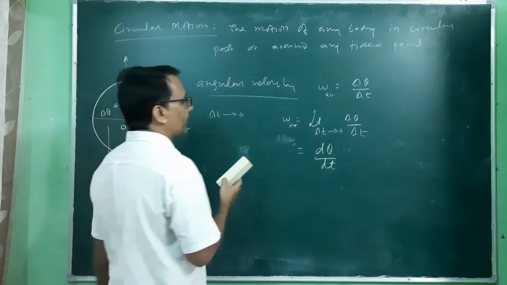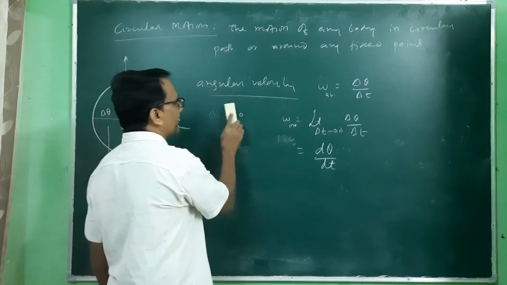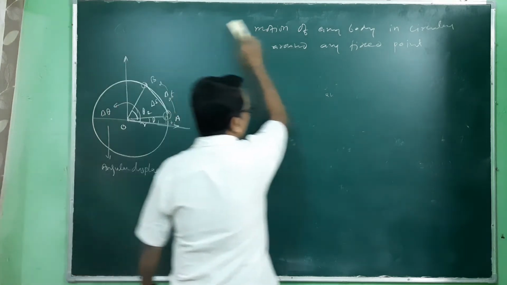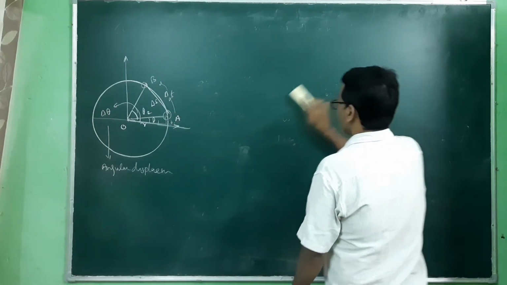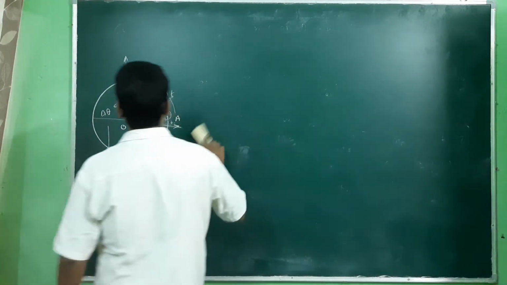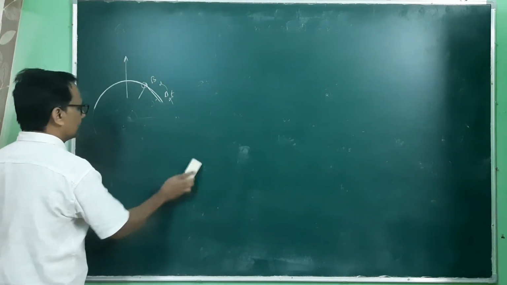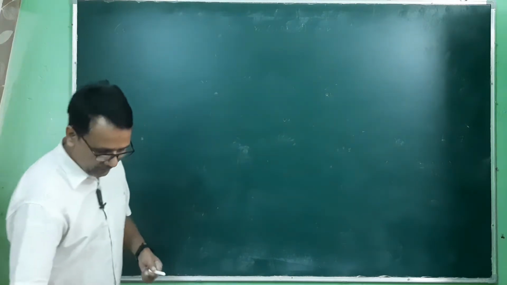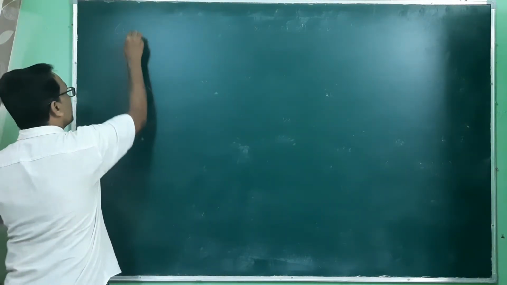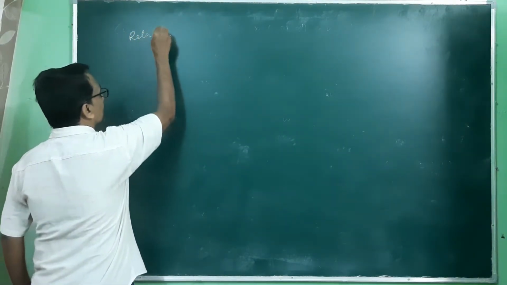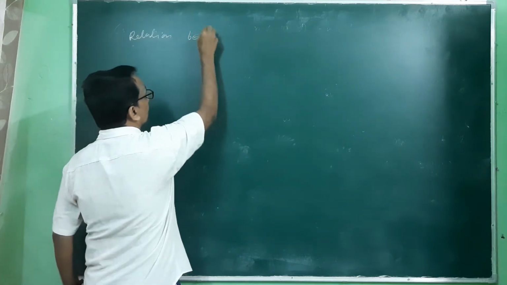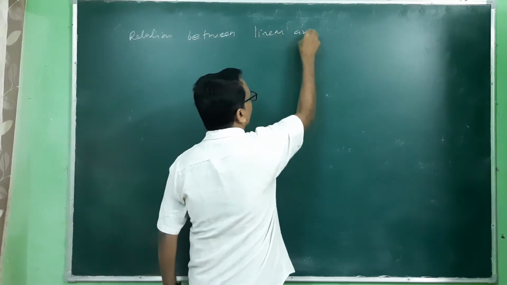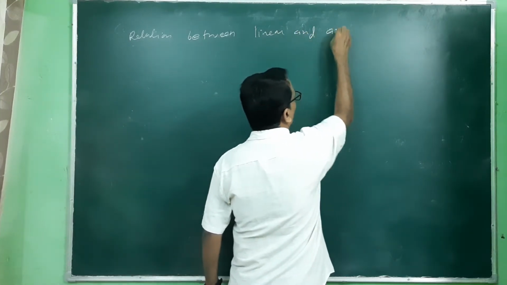So let us try to derive the relation between angular velocity and linear velocity. The relation between linear and angular velocity.